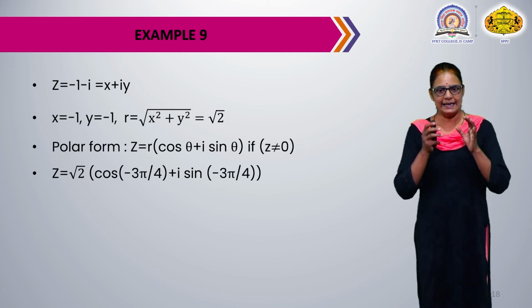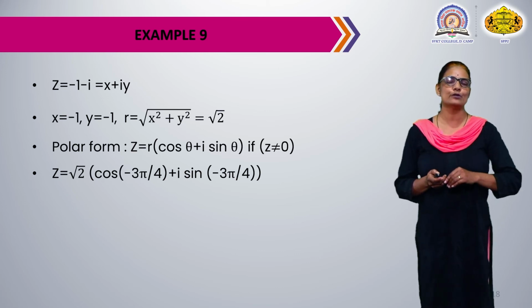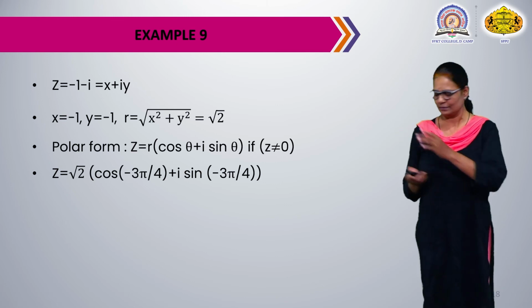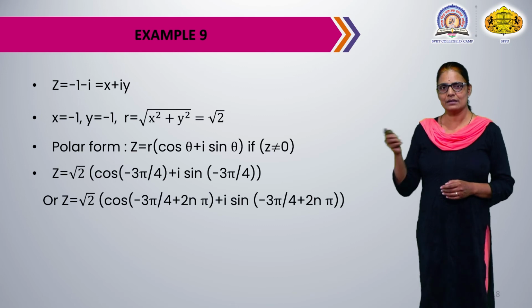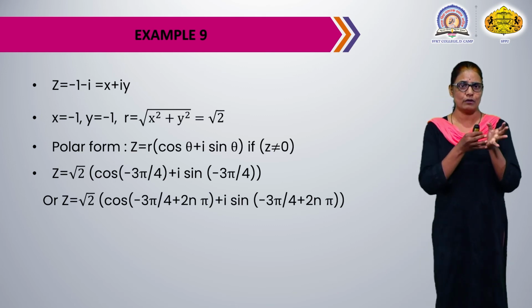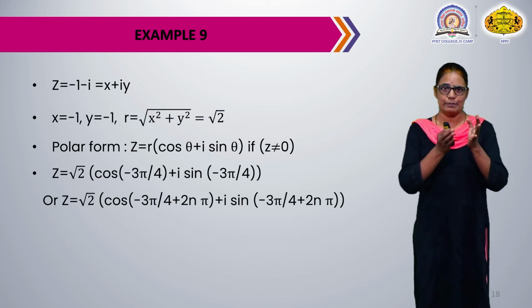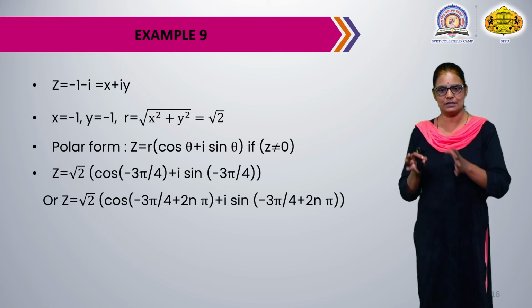So this is a polar form of the complex number. Now to write this number in exponential form, we use the formula z equals r times e raised to i theta. This is another one. Either you can use the principal argument or the argument of the complex number to write the polar form or the exponential form, that does not matter.